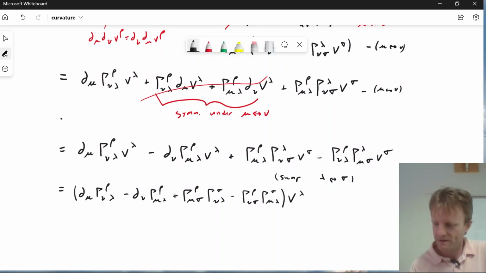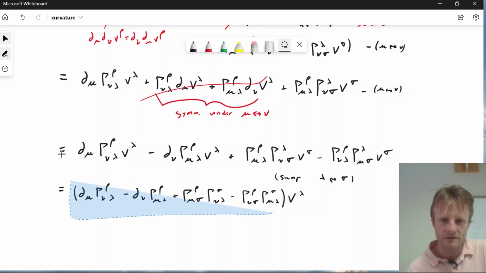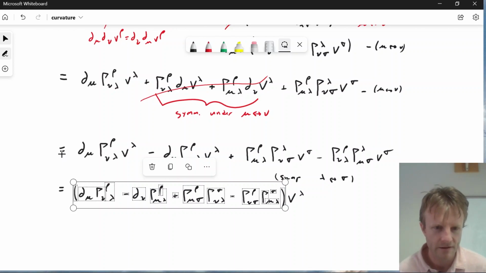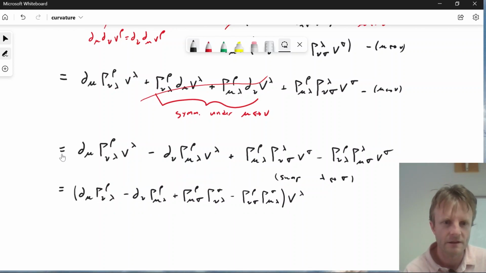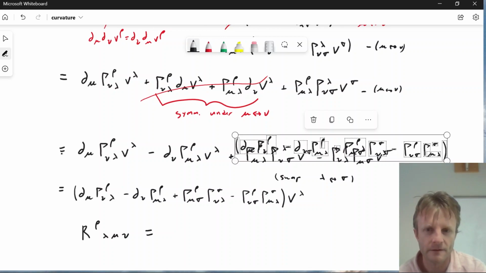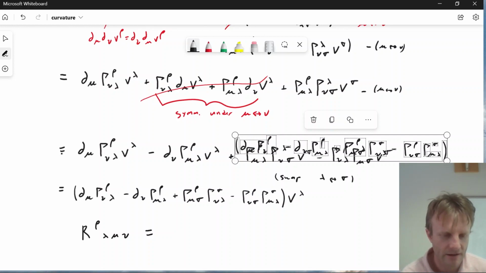Okay, and so this then is our formula for the Riemann curvature tensor. And by the magic of technology, I will copy and I will write Riemann rho lambda mu nu, that was our definition from above, equals that.